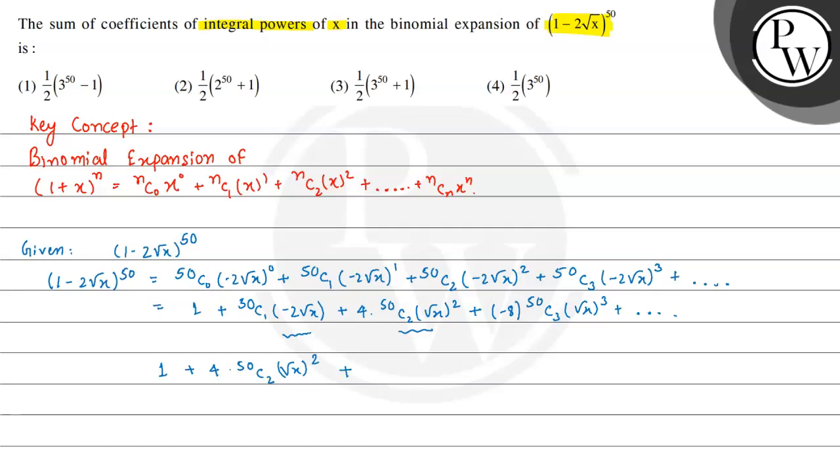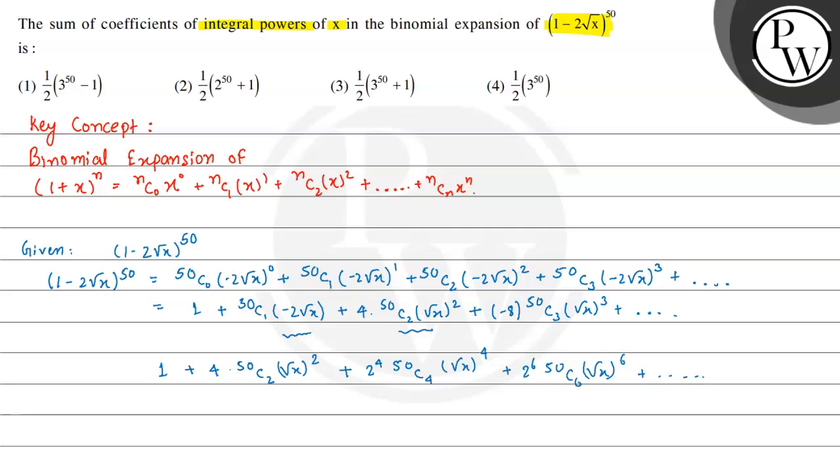So the next term will be 2^4 50C4 and root x to the power 4, and similarly the next term will be 2^6 50C6 and root x to the power 6 and so on.